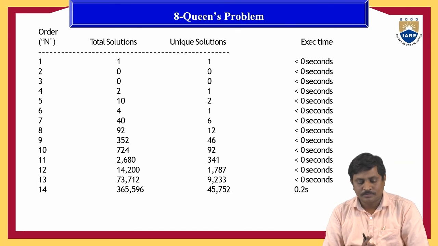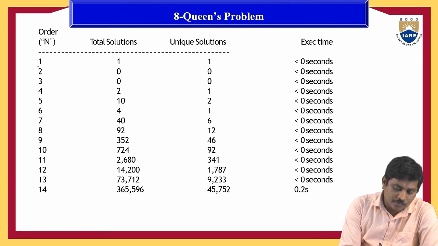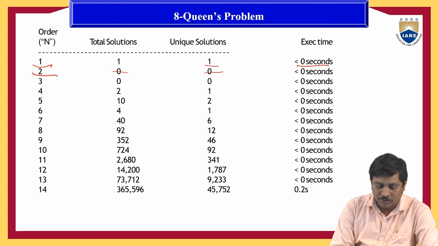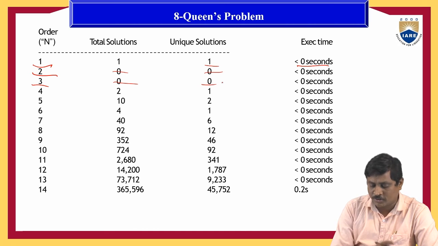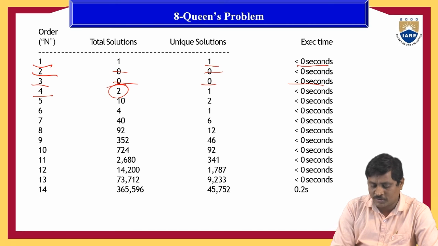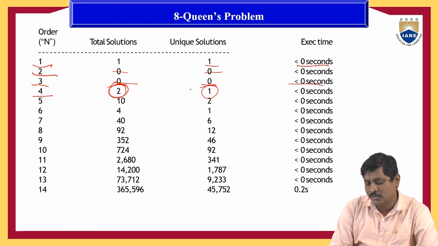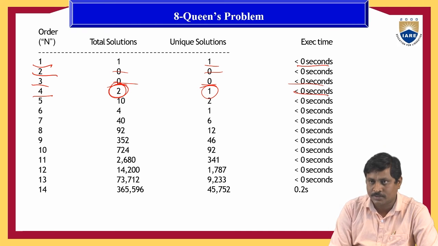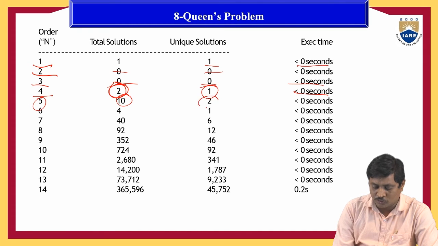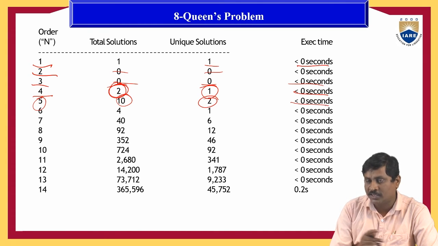So this is the table. For the 1 queen problem we get only one solution, and it takes less than 0 seconds. The 2 queens problem has 0 solutions. The 3 queens problem also has 0 solutions, taking less than 0 seconds. For the 4 queens problem we get 2 total solutions, among which only 1 is unique, and it takes less than 0 seconds. The 5 queens problem has 10 solutions, among these 2 are unique, and it takes less than 0 seconds.